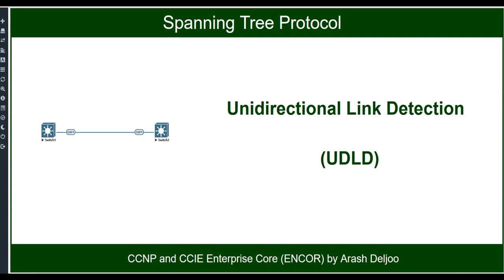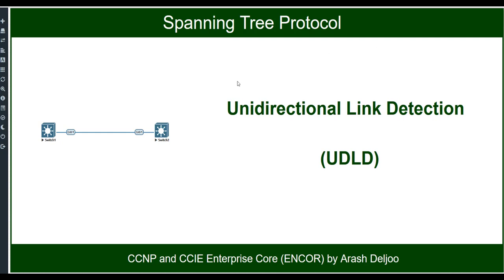Don't forget, UDLD is not only for detecting loops, actually, okay, because we want to use UDLD for detecting unidirectional links. And also one of the benefits of UDLD is preventing loops in spanning tree or, for example, layer 2 networks.